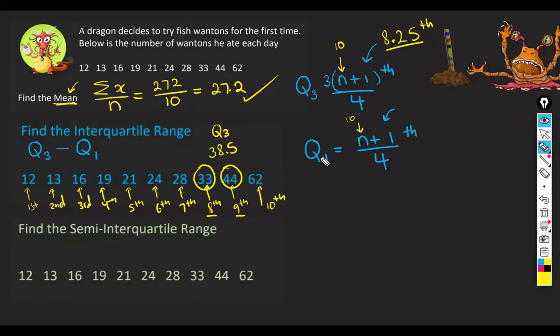Good. So Q1 now, the first quartile is N plus 1 divided by 4. That's the formula I gave you. 10 plus 1 is 11. 11 divided by 4 is 2.75. Now, 2.75 is greater than 2, but less than 3.